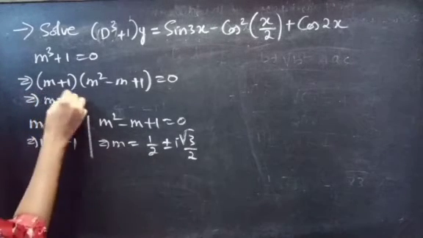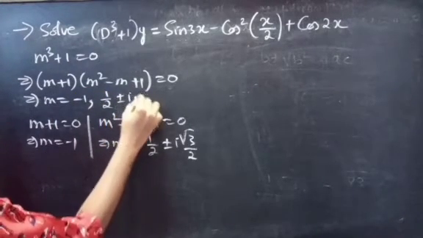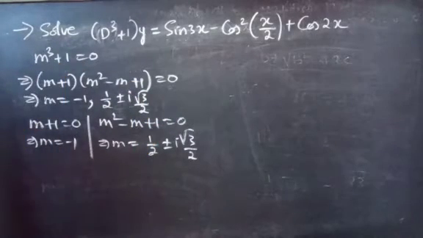Then m equals to minus 1 and 1 by 2 plus or minus i into root 3 by 2 are the roots to this equation.